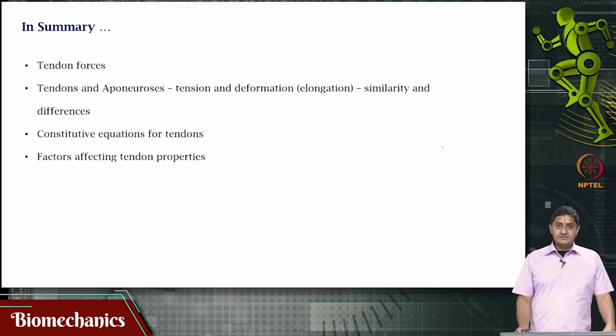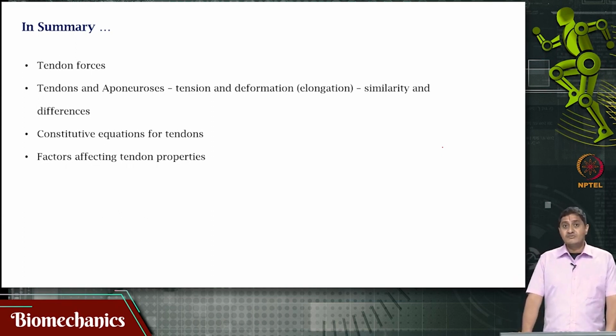So, in this relatively long video, what we saw was forces in tendons, and we found that tendon forces can be huge, sometimes as high as 12.5 times the body weight. Huge force, and the stresses can be very high, that 1 square centimeter of a tendon can support 10,000 newtons.